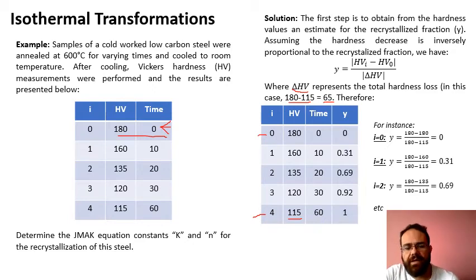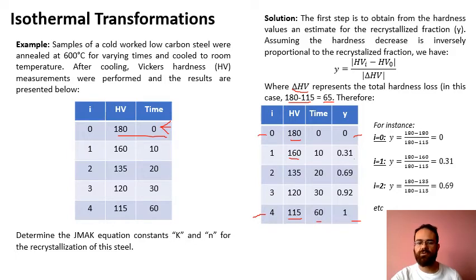Well, we have for the recrystallized fraction 0 for time 0, and then we have the fraction equal to 1 for 60 minutes, and then for the remaining cases we just take the difference divided by the total drop. So if we go from 180 Vickers to 160, this is a 20 Vickers hardness drop, and then we divide 20 by 65, and we say that it's this 31% decrease, which is an increase of the transformed fraction of 31%.